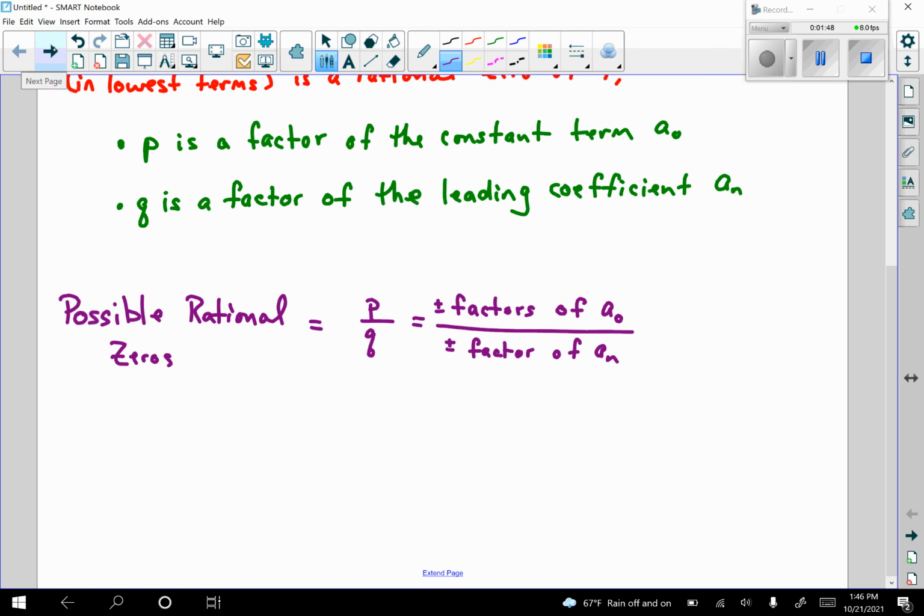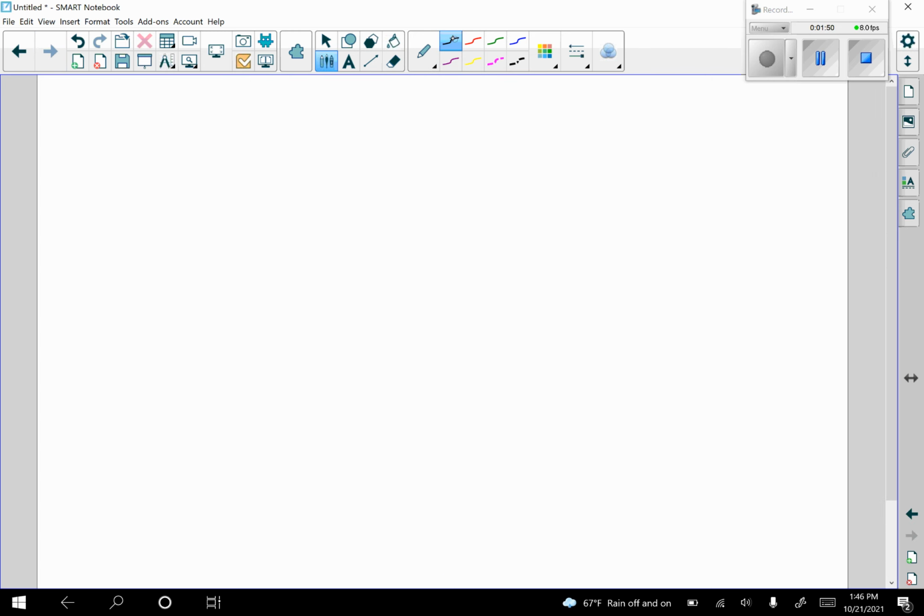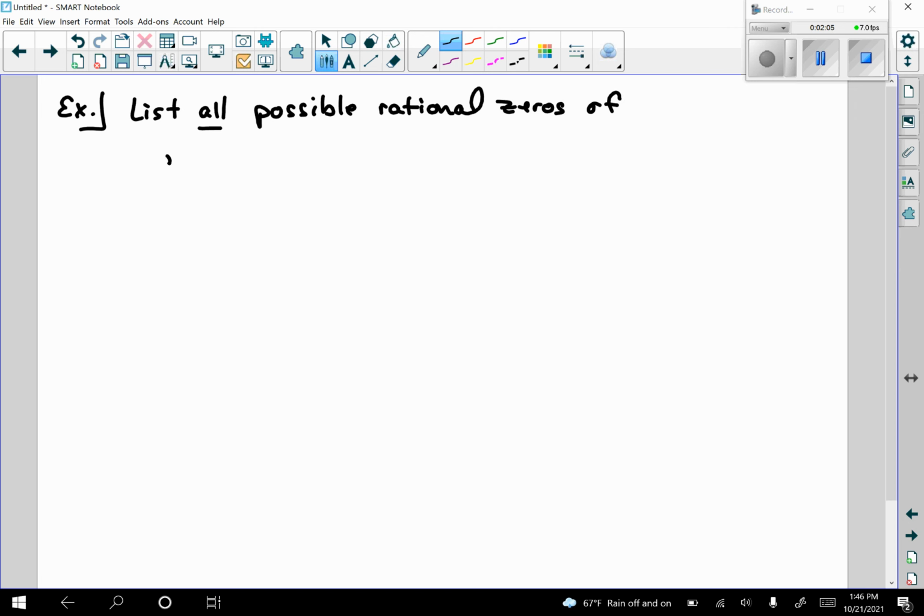So let's take a look at some examples. We want to list all possible rational zeros of f of x equals negative 2x to the 5th plus 3x squared minus 2x plus 10.